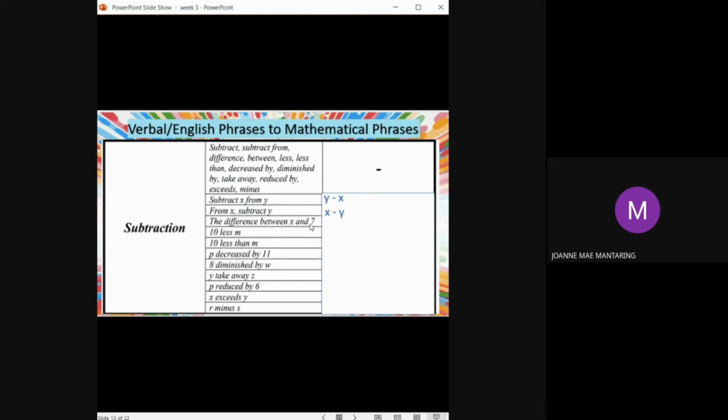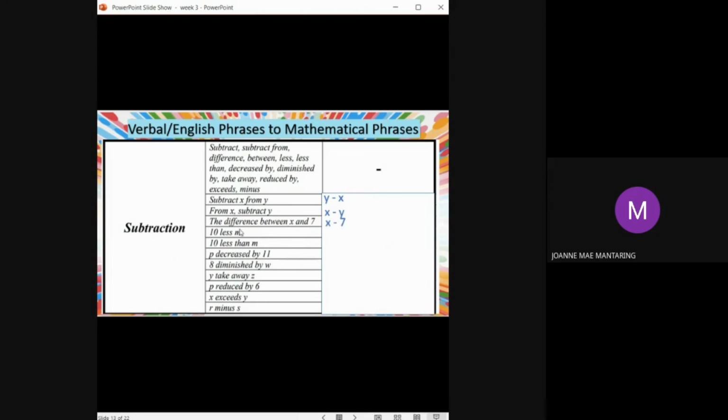The difference, if you are going to identify the quantities involved, we have 7 and we have x. And the operation involved, since the keyword here is the difference, which is associated with subtraction, therefore, our operation will be subtraction. So it will be x minus 7.